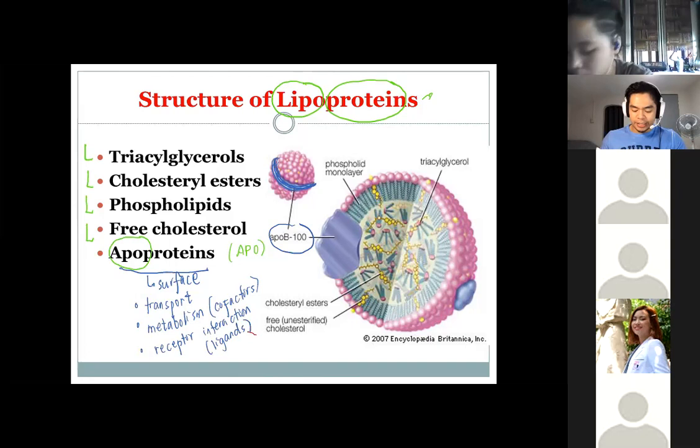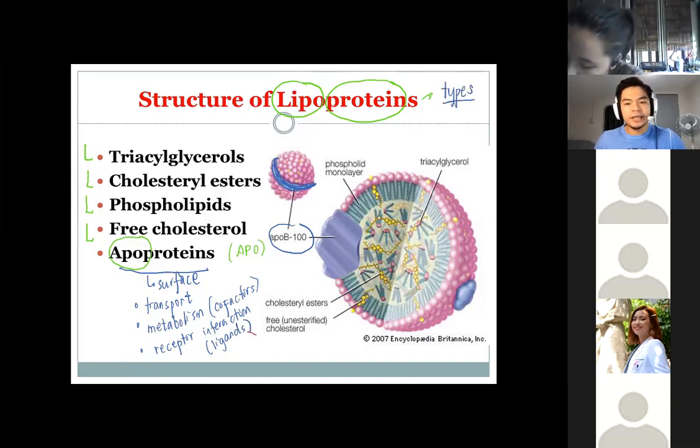Okay, so they act as ligands. So altogether, this is the structure of lipoproteins. Guys, naintindihan ang importance ng term na lipoprotein, na gets ang importance ng protein addition to the lipids? Okay, very good.